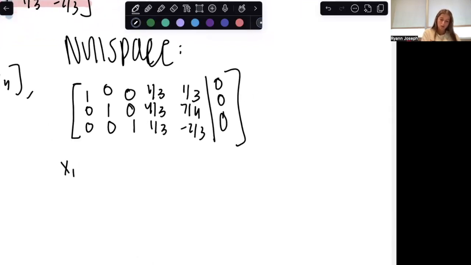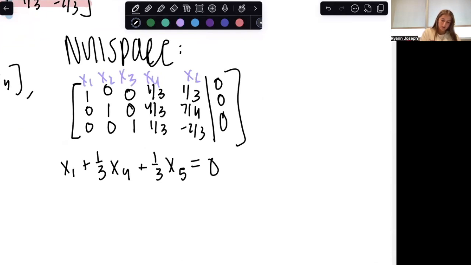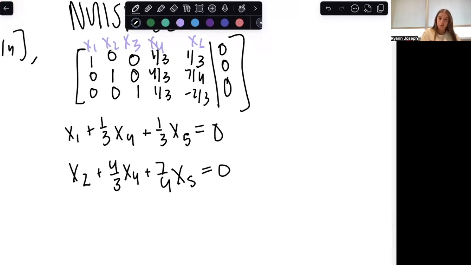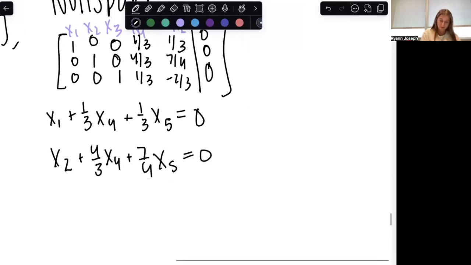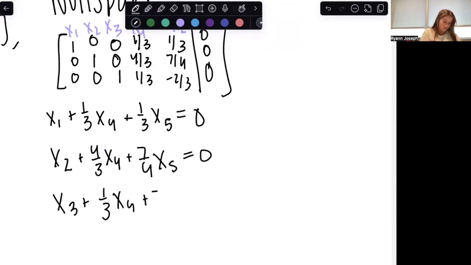So I've got x1, x2, x3, x4, x5. x1 plus 1/3 x4 plus 1/3 x5 is equal to 0. x2 plus 4/3 x4 plus 7/4 x5 is equal to 0. I think it's supposed to be 7/3 instead of 7/4, but oh well, that's not what I'm talking about. x3 plus 1/3 x4 plus -2/3 x5 is equal to 0.